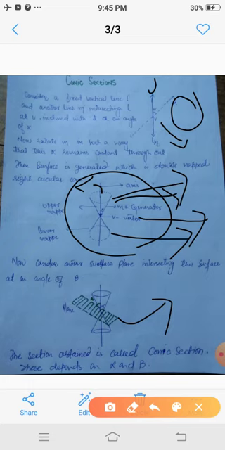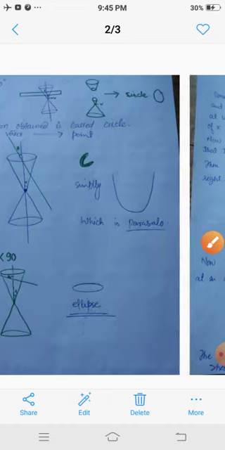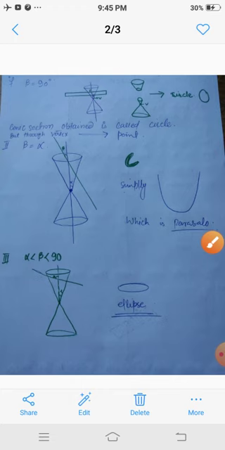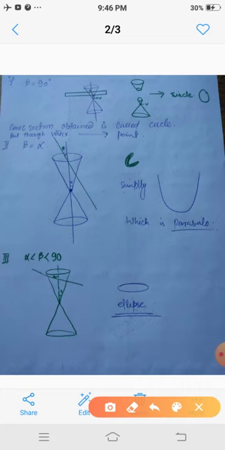Now on the basis of alpha and beta, we will classify these conic sections. The first case is if beta is 90°, that is, when the plane is parallel to the surface of, suppose, the earth. Here beta is 90 because the angle between the axis and this plane is 90°.